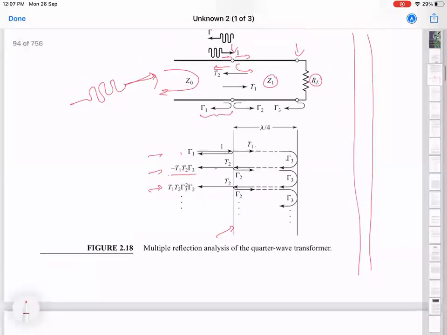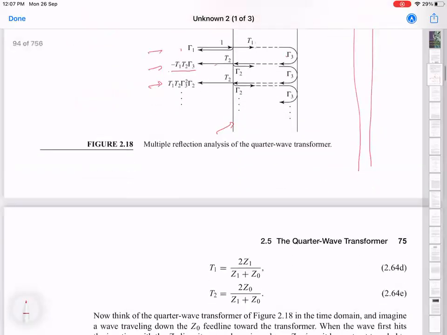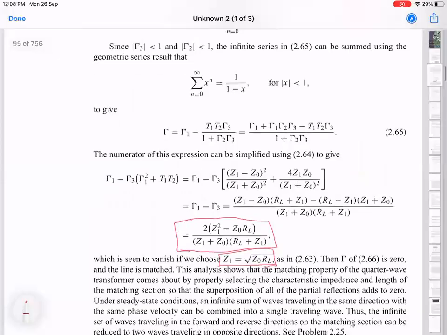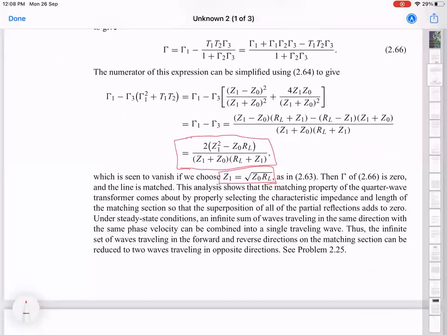All right, so last time we stopped discussing this multiple reflection point of view for analyzing this system of a terminated transmission line, and we basically arrived, by summing an infinite series, at the same result of how one can transform an impedance RL to the load using a section of a quarter wave transmission line of characteristic impedance.